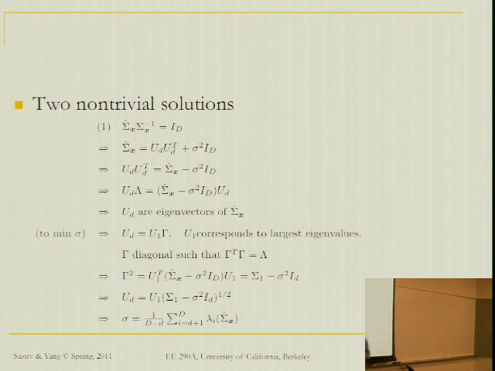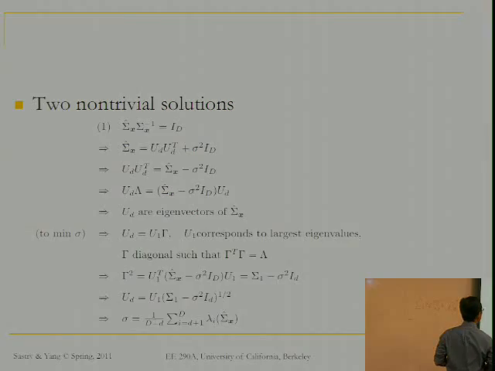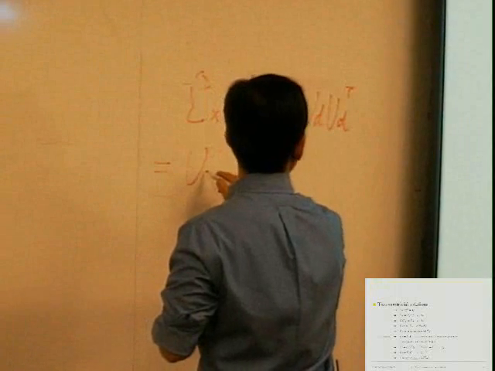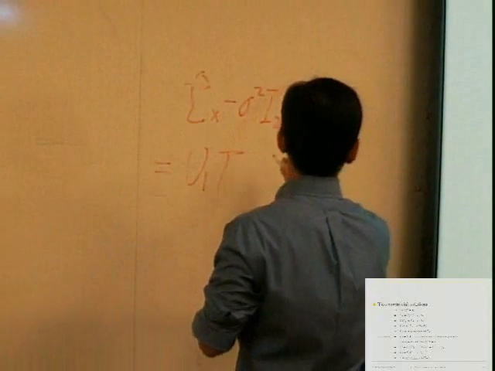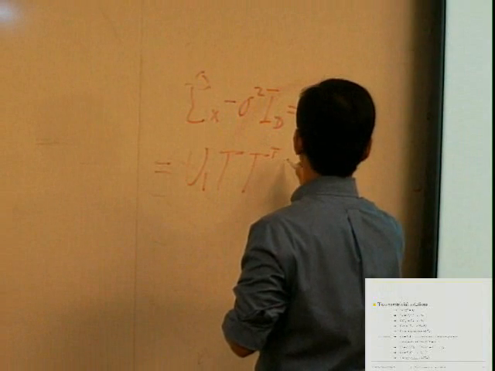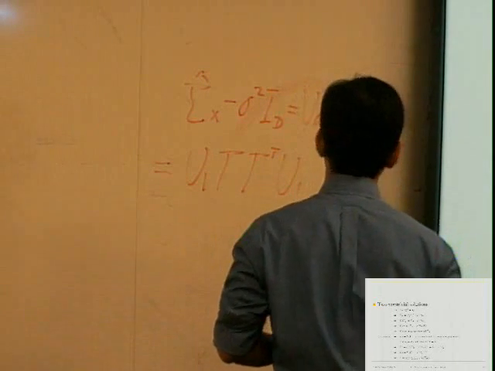Let's see. So we know that the sigma hat x minus, equal to what? This guy equal to UD transpose, right? So it's equal to U1, this guy transpose U1, right?